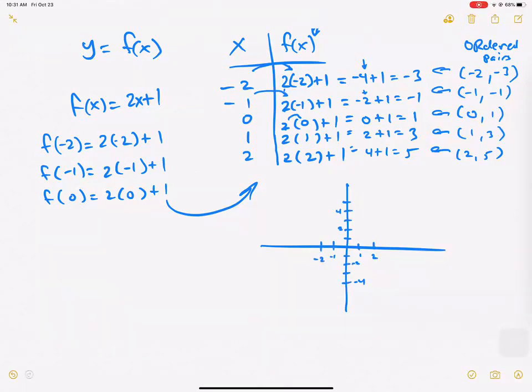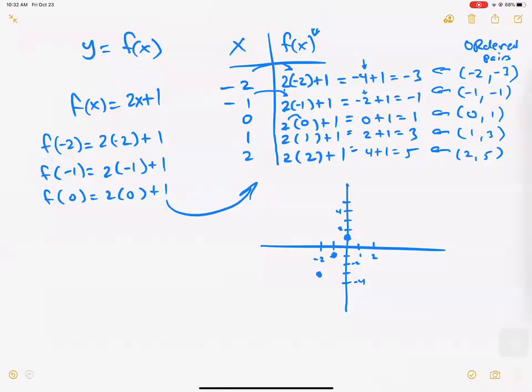So let's graph our points. At -2, -3. That would be right here, ish, right? -2, -3. Our next point is going to be -1, -1. Our next point, x is 0, y is 1.